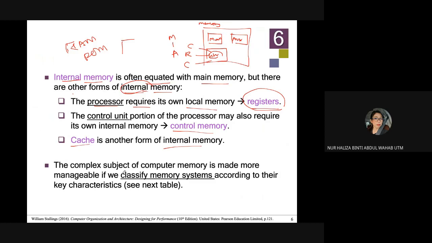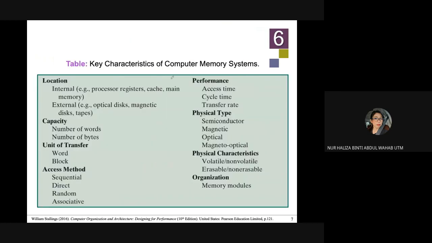The complex subject of computer memory is made more manageable when we classify it as a memory system according to its key characteristics, which you can see in the table. This is the table of key characteristics of your computer memory system.